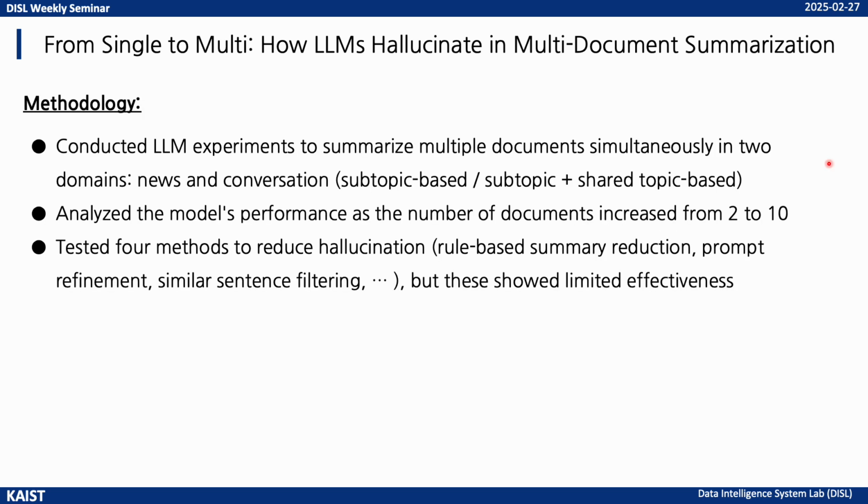In the paper, they experimented with summarizing news and conversations while gradually increasing the number of documents from 2 up to 10. They also conducted 2 separate experiments, summarizing all the content related to the subtopic, or summarizing the shared content related to the subtopics.